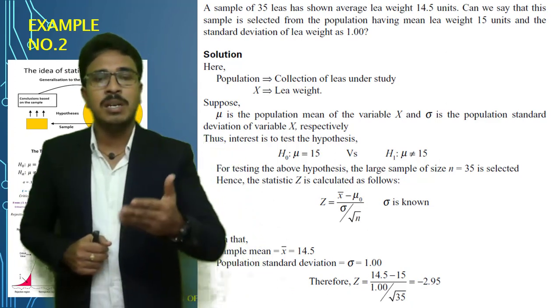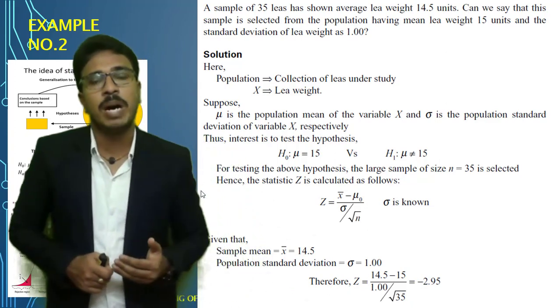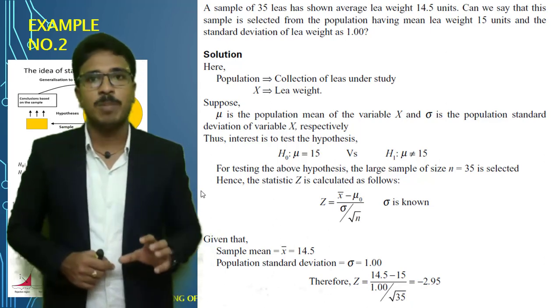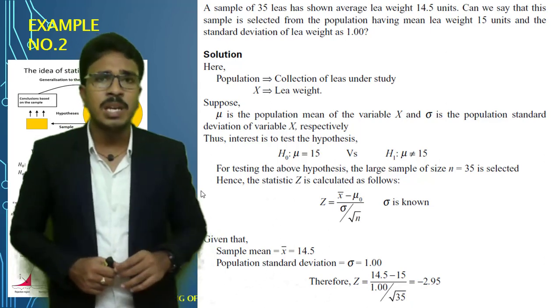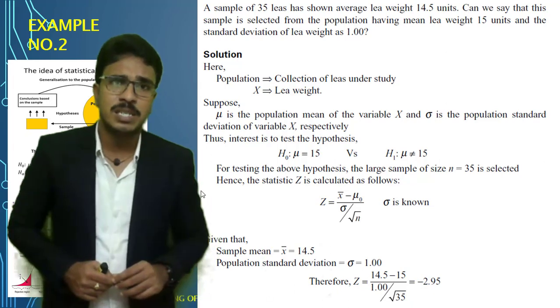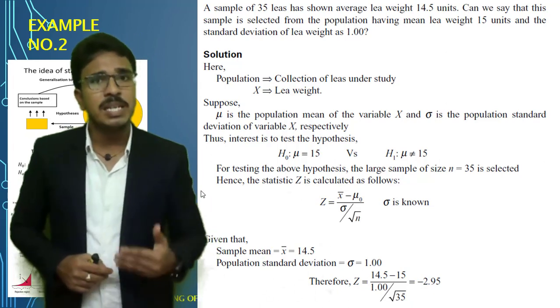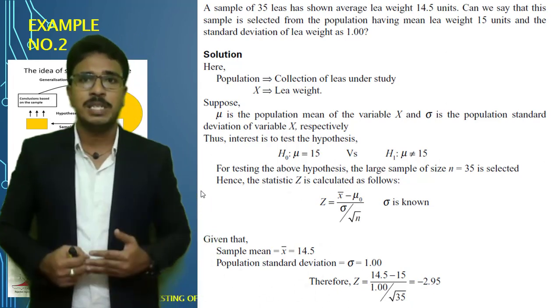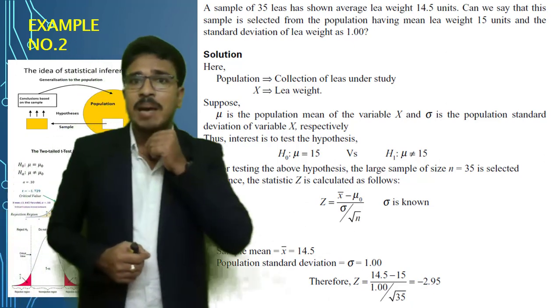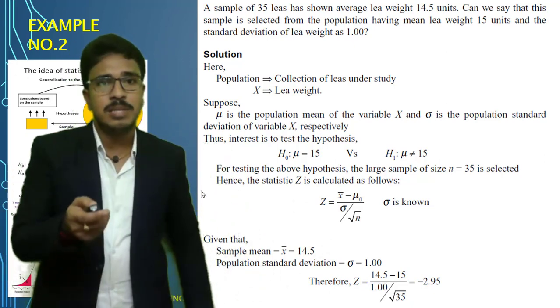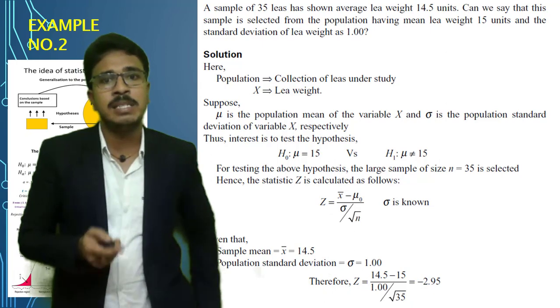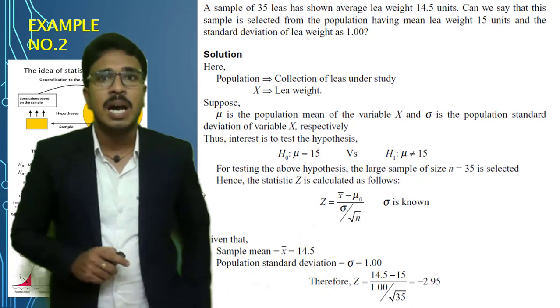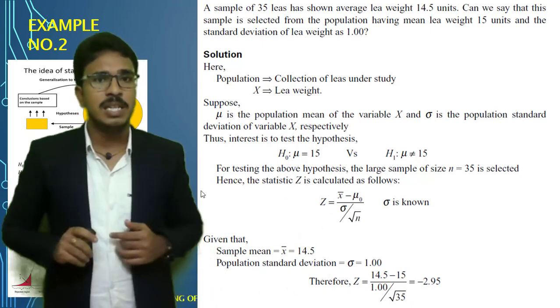So as usual, we have to identify how many populations there are, what the sample size is, and what information is given. Here the sample mean is 14.5 and the number of samples is 30.